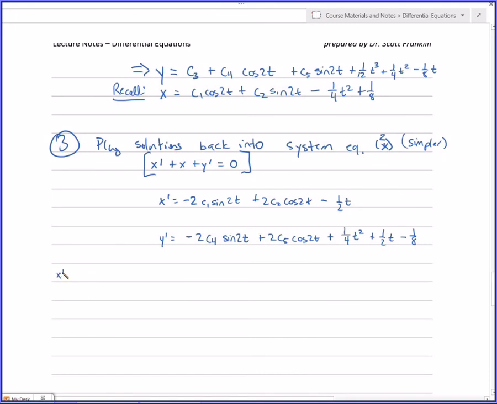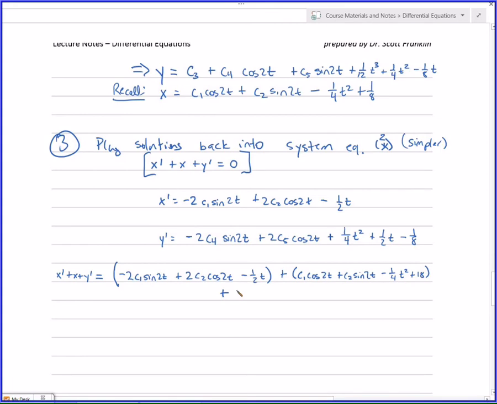Okay, so now let's do x prime plus x plus y prime. X prime: negative 2c1 sine 2t plus 2c2 cosine of 2t minus 1/2 t, plus x from up here, c1 cosine of 2t plus c2 sine 2t minus 1/4 t squared plus 1/8.